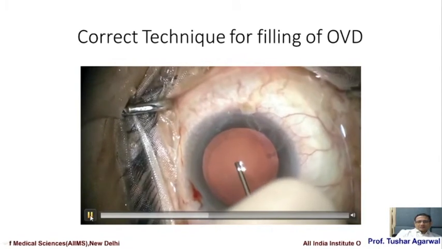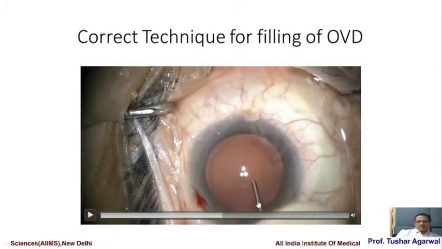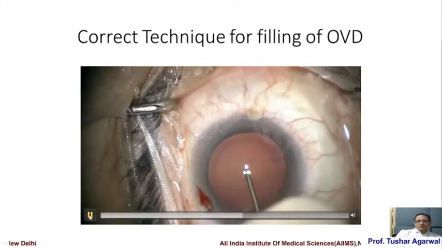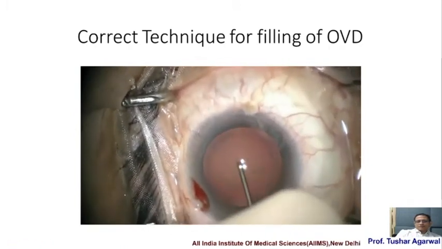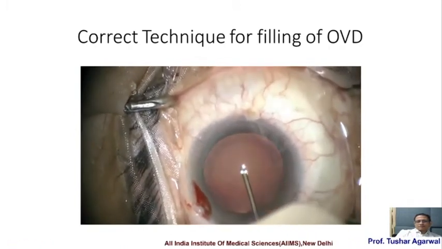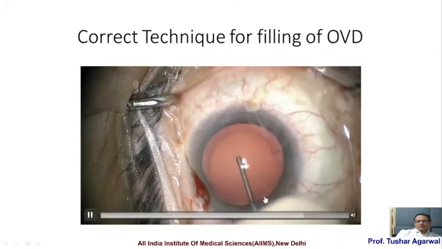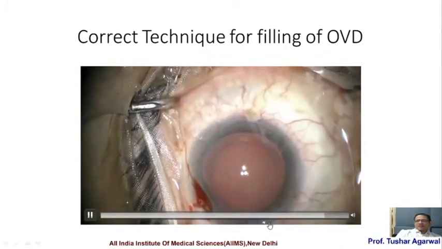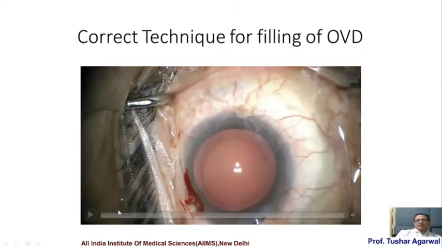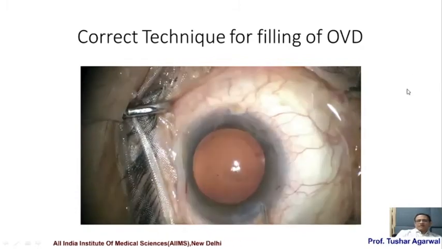Once this expansion becomes static, and at the first sign of spillage of the OVD from the eye, you stop. So as soon as you see that the OVD is starting to spill out, you stop. This is the optimal fill of the OVD.